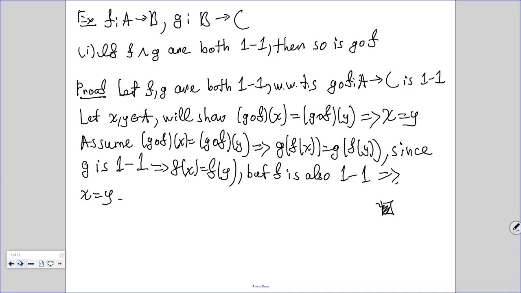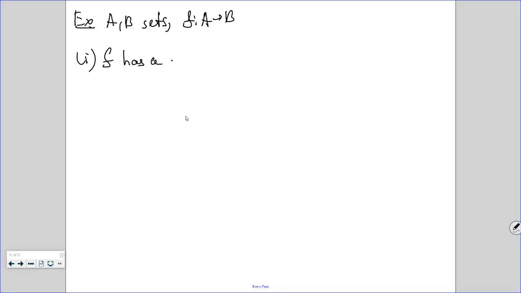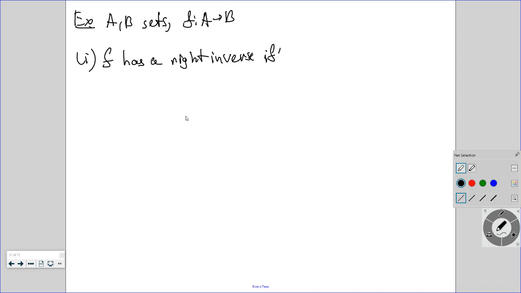Let's do one more example. In this example, we suppose that we have two non-empty sets and f is a function from A to B. We want to prove that f has a right inverse if and only if f is onto, or surjective.